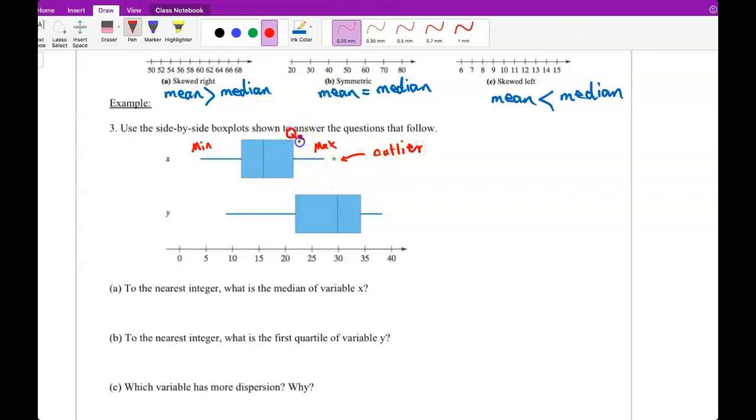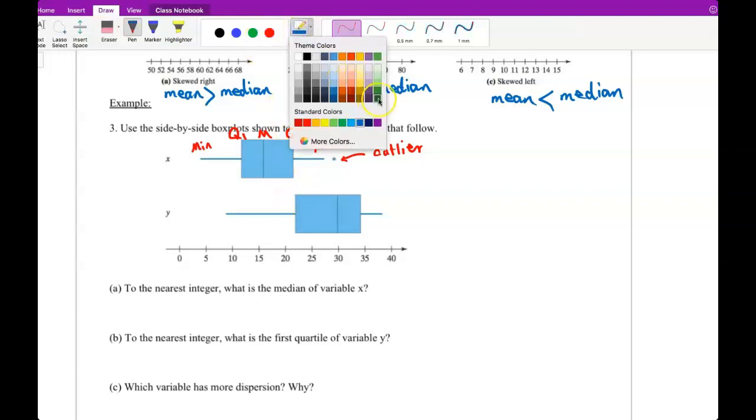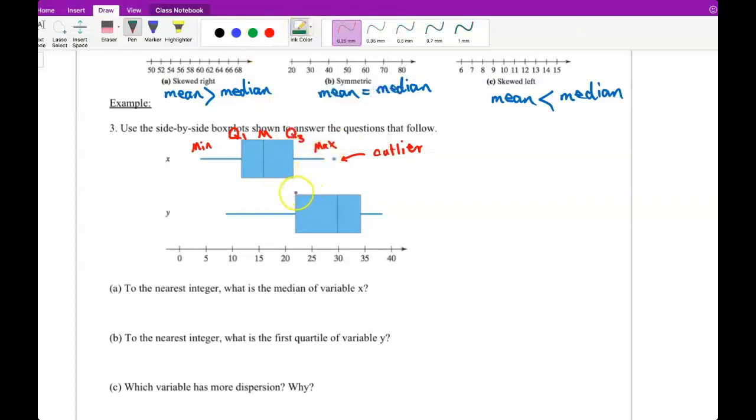This part is Q3, median or Q2, Q1. Now same thing for this box plot. This is Q1, Q2, or median, Q3, max, mean, and no outlier.